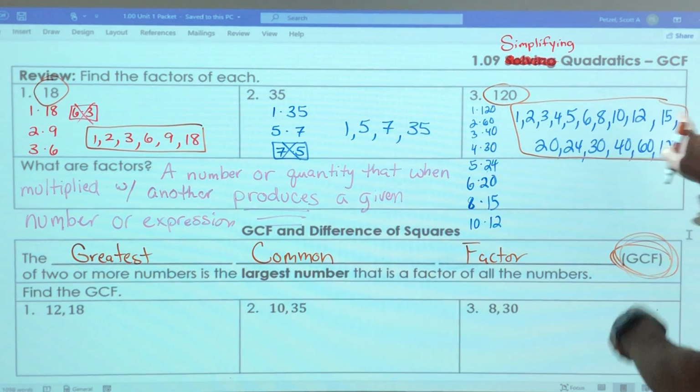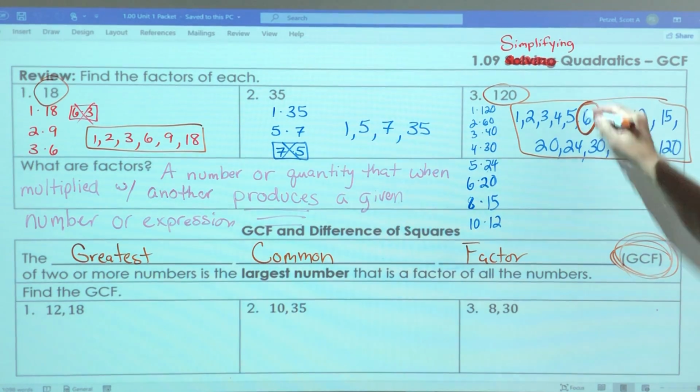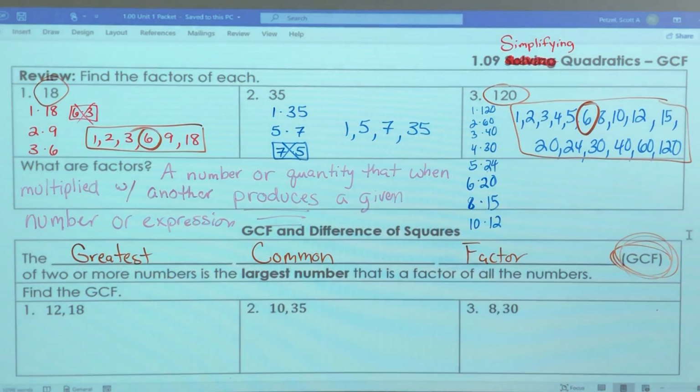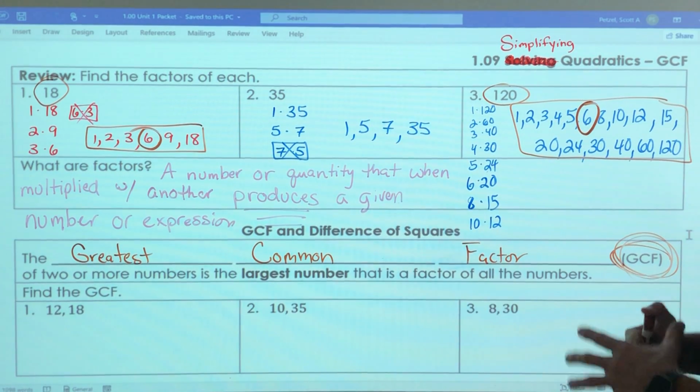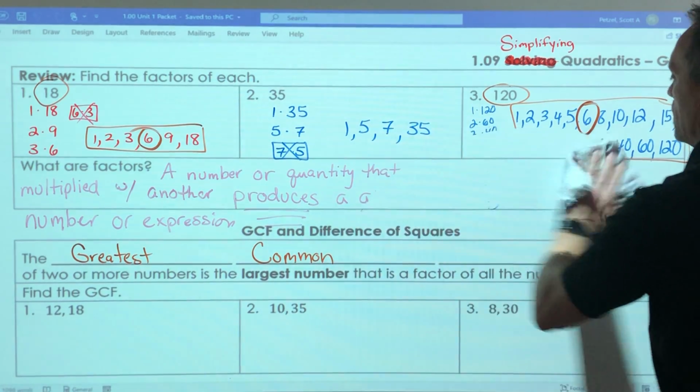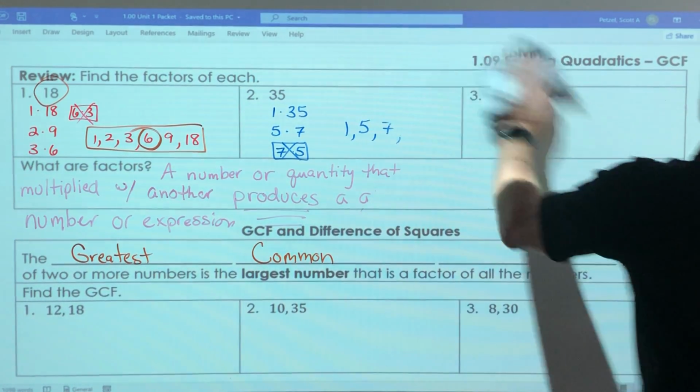There's no 9, and 18. There's no 18. So the GCF for 18 and 120 is 6. That's the greatest common factor between the two. Okay? Cool beans. Let's keep it moving and go up to the next one.